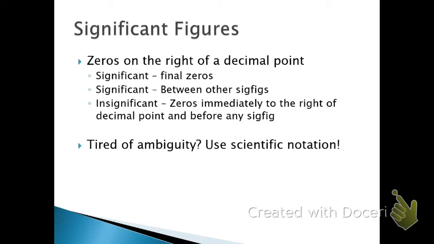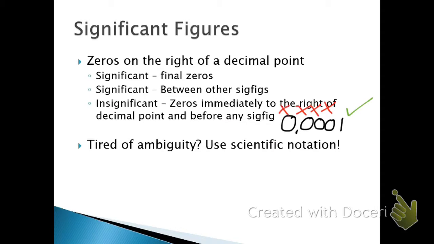Nice. Now a zero is insignificant only when it's immediately to the right of the decimal point and before any other sigfigs. So 0.0001 only actually has one significant figure. And all these opening zeros, nah.